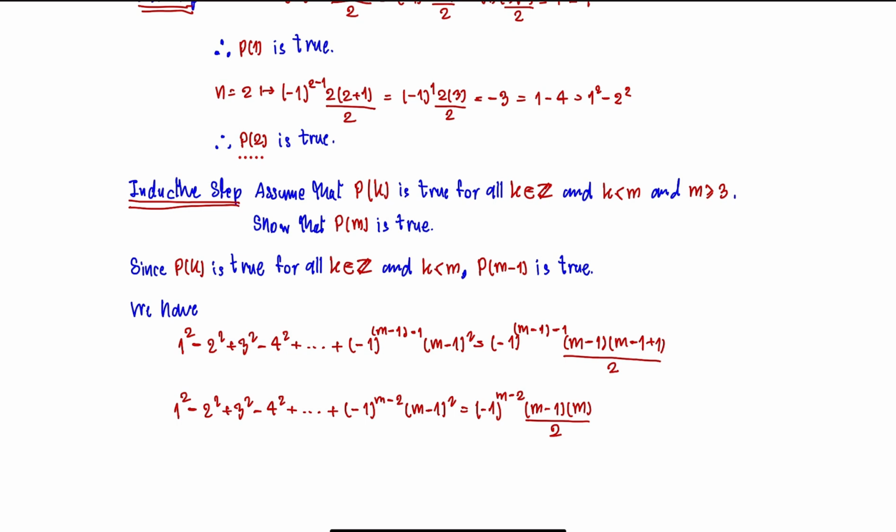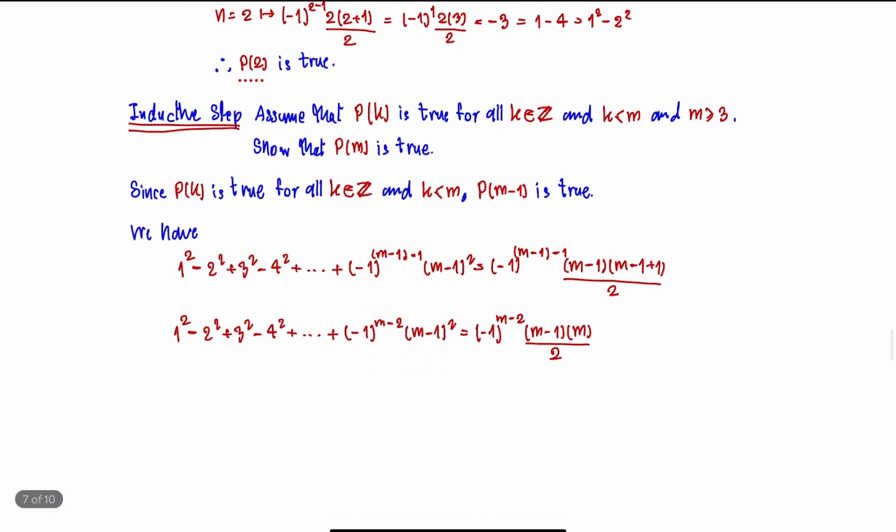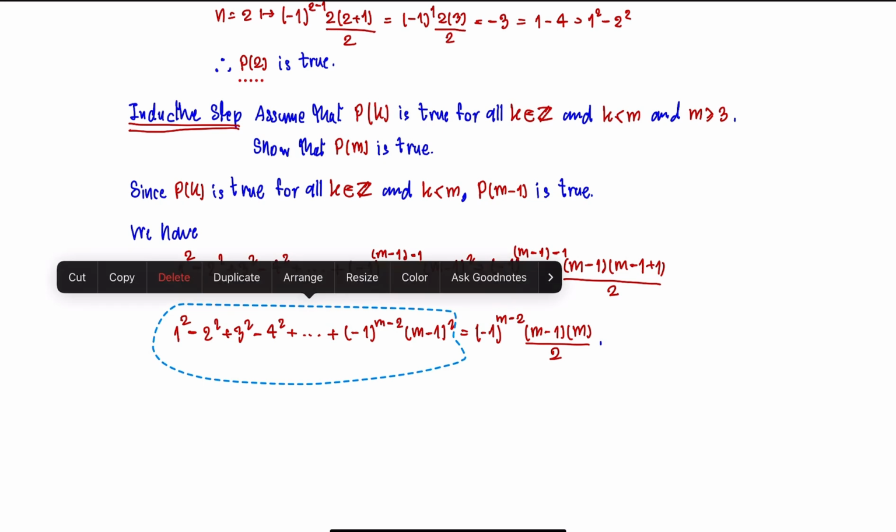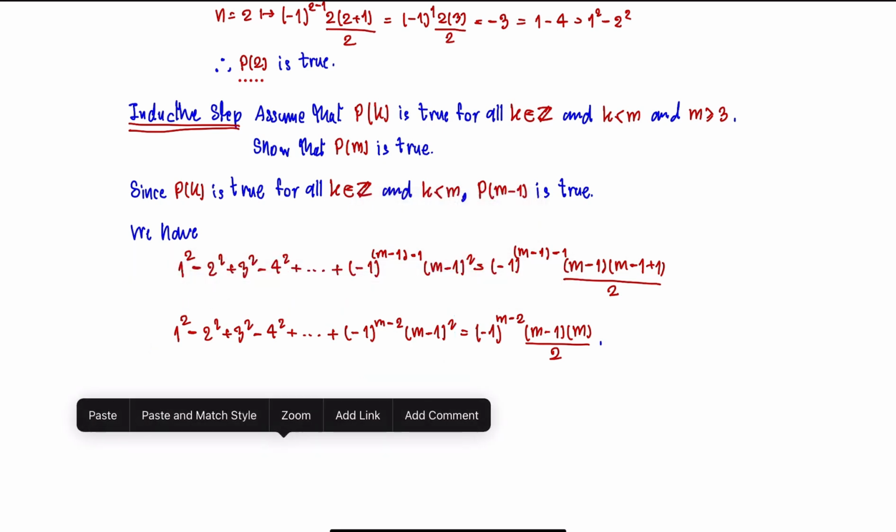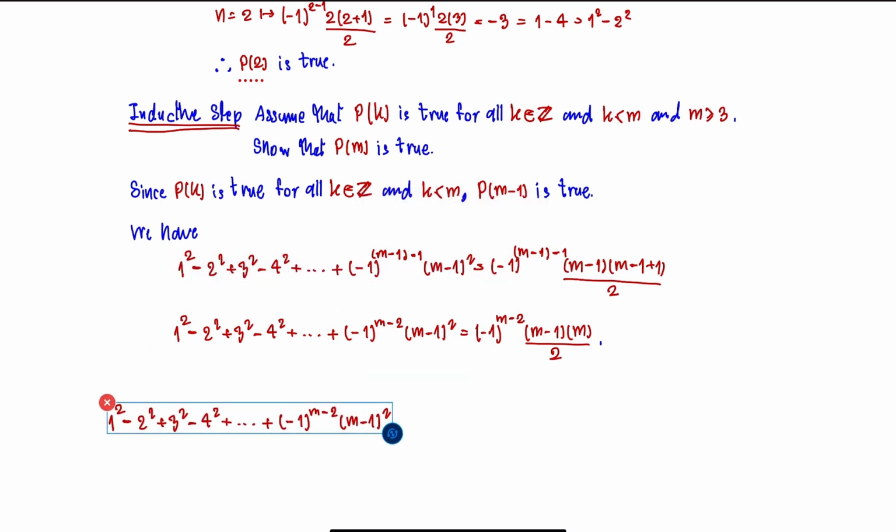And then we try to show that P of M is true. So we need to add one more term. What do we have next? We start with this term and add one more term.